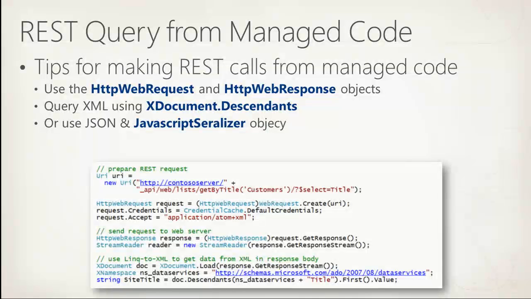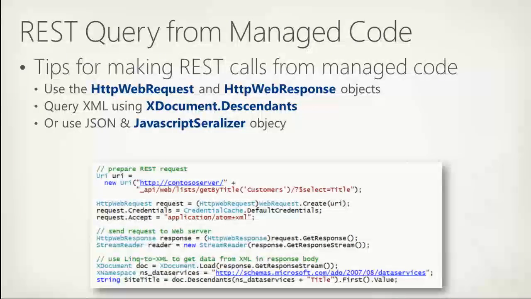For instance, once I take the response stream and load it into one of these XDocument objects, I can create one of these XNamespaces, and then I can basically just say doc.Descendants, and look how easy it is to pull a value that might be three or four levels down inside the XML document out. So that's just a huge productivity tip if you're not already familiar with that.